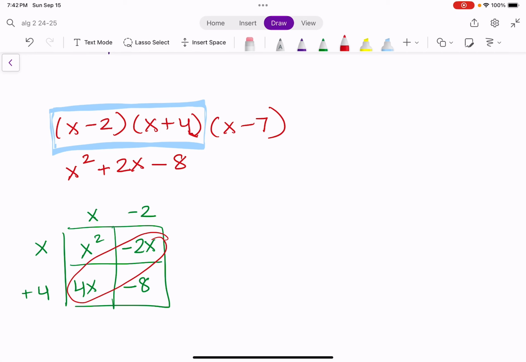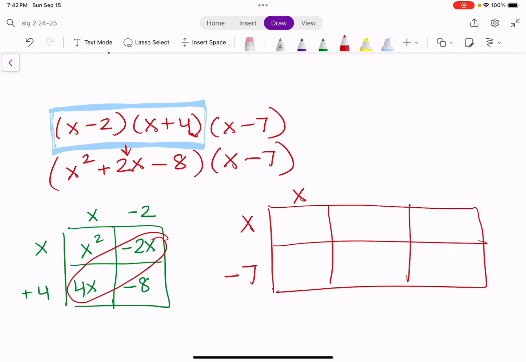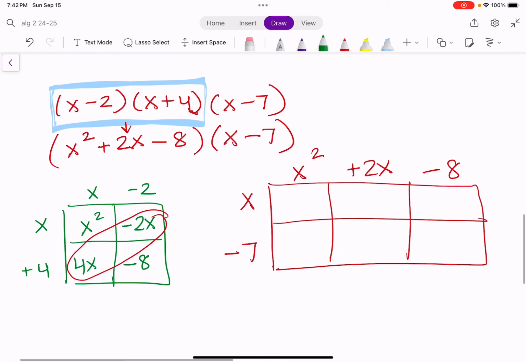If you're confused, ask someone how I got that. So this blue part became this, and I still have this, right? At this point, now you have to make a 2 by 3, right? You should know how to do that. So pause this video and try it and see if you get the same answer as me, okay?